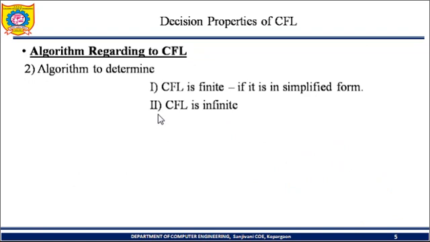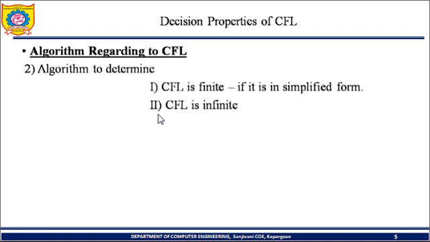We say that a CFL is finite if it is in simplified form. Simplified form means it is free from unit productions, free from useless symbols, and free from null productions. Such a type of grammar is called a simplified grammar, and if the given grammar is in simplified form, then the CFL is a finite one.